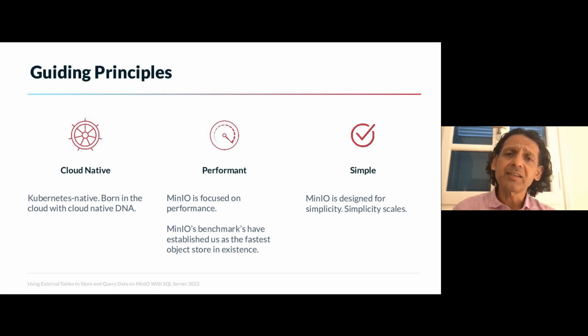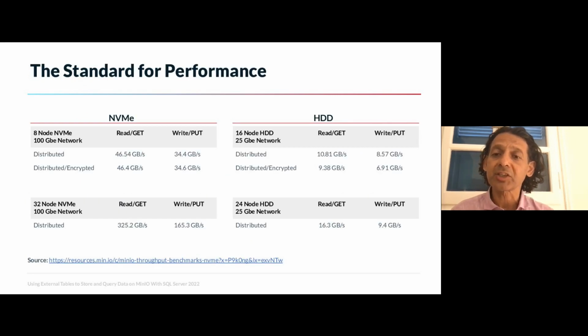And MinIO was really designed with one core principle at its heart. The founders were pedantic about this. Simplicity is at the heart of it. So anything that guides us away from that simple approach, it simply will not happen. So what that has really delivered is a very small static binary that you can run anywhere, and be able to get the performance that you're looking for and full S3 compatibility from an object storage perspective.